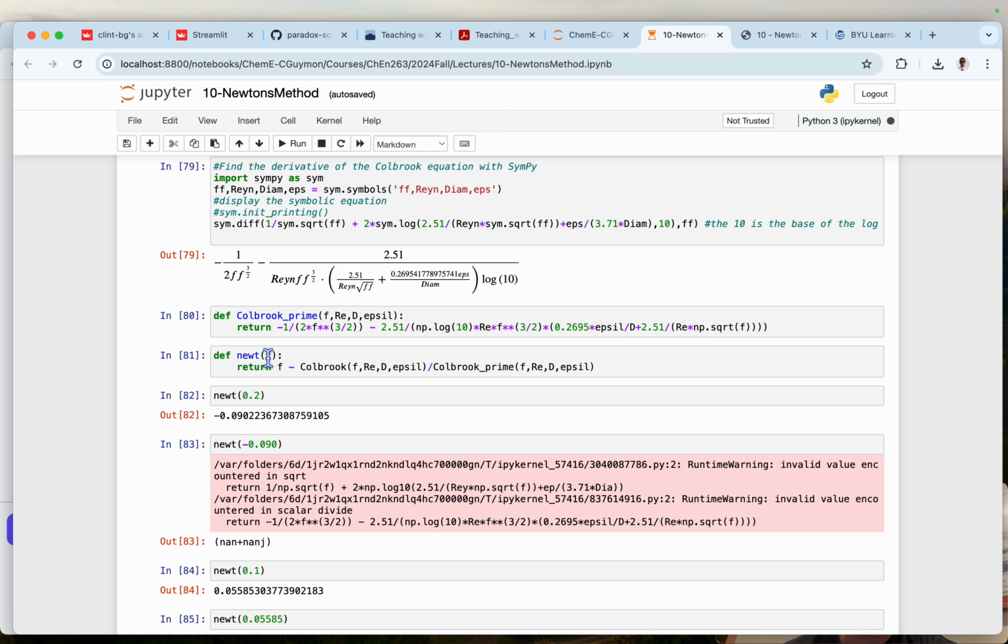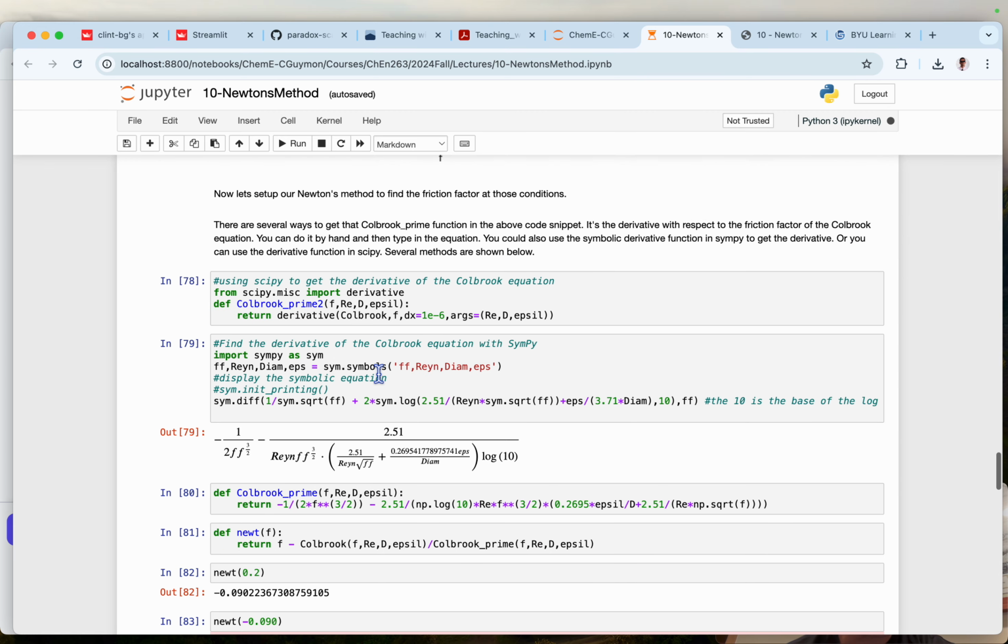And my Newton method, Newt. So I got my new friction factor, and this is Newton's method. Or rather, this will return the new friction factor given the previous one.